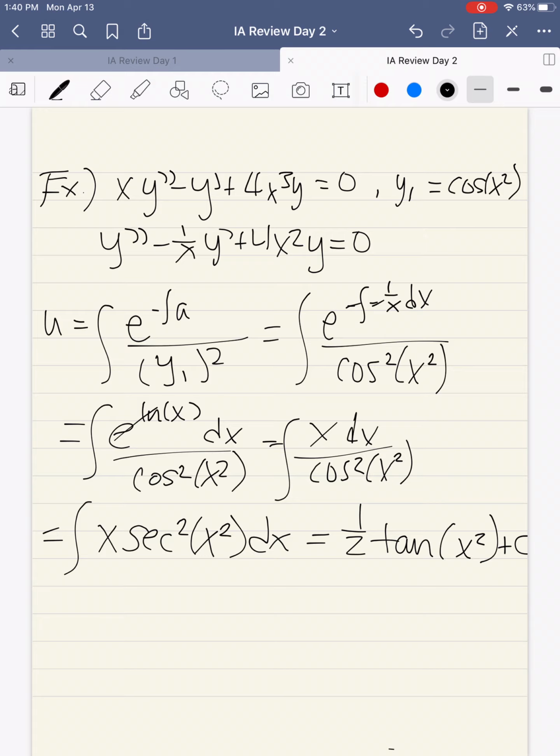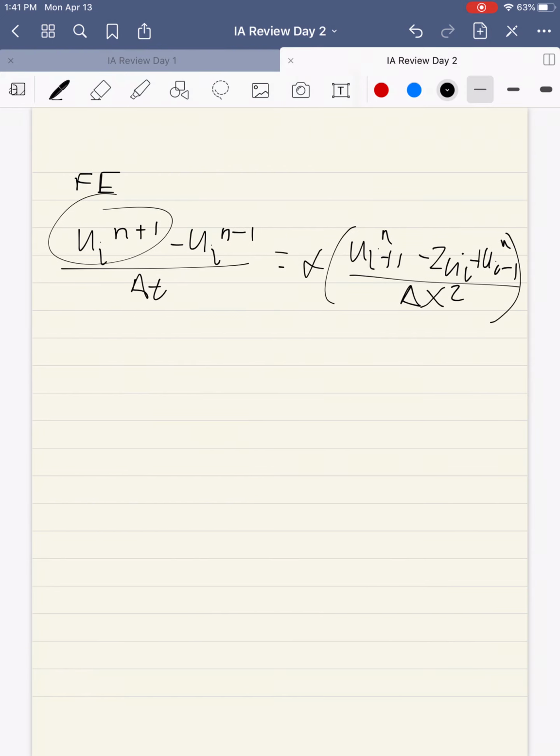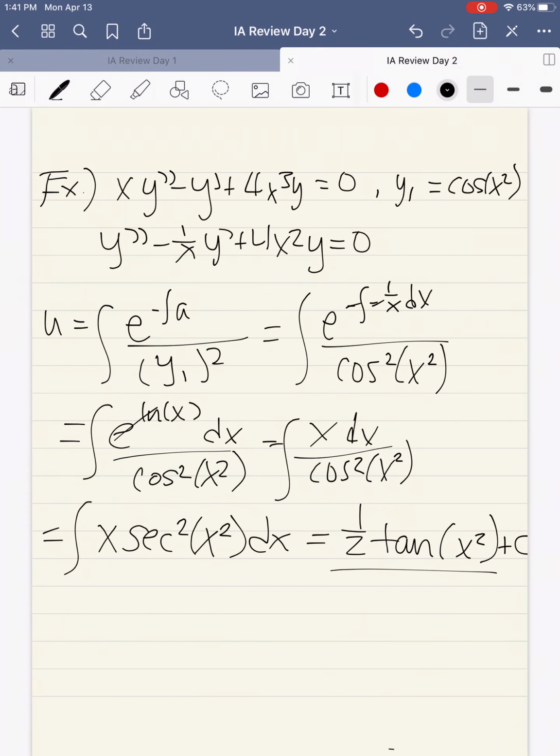And so now, this is our u, so we know that from what we listed here, y2 is equal to y1 times u, so our y2 is going to be equal to 1/2 tan x squared times, sorry, I apologize, we don't need this c just yet. That's going to come into play in a second.